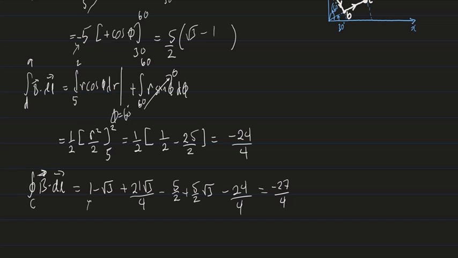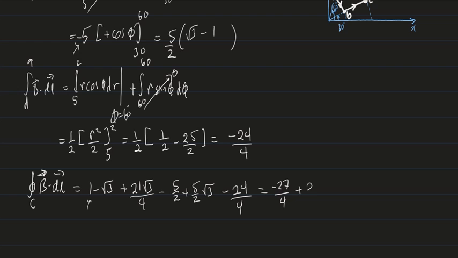And for the square root of 3, it will be multiplied by, here I have minus 4. Minus 4 plus 21 is plus 17, and plus 17 plus 10 is 27 over 4.